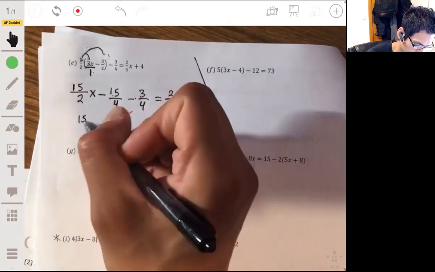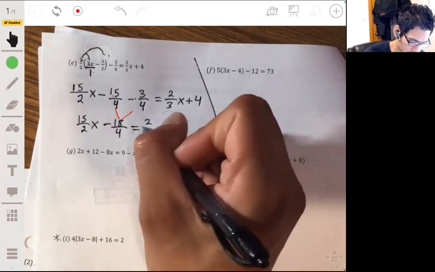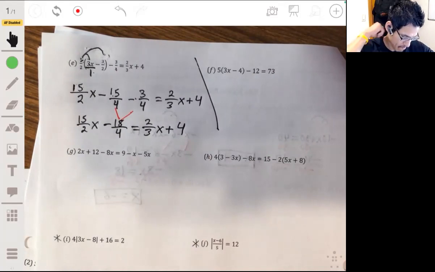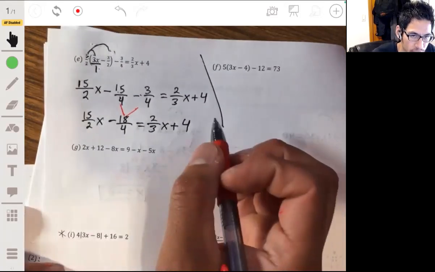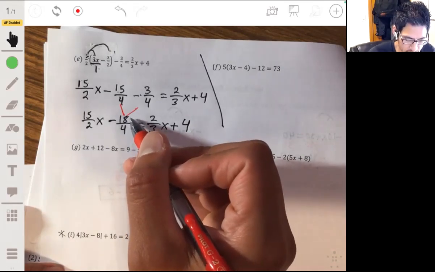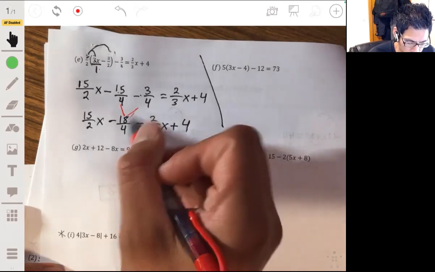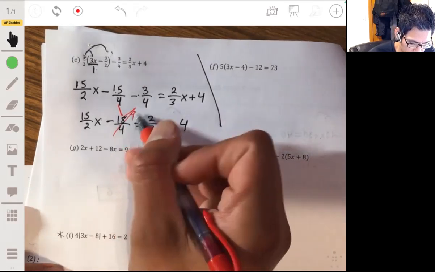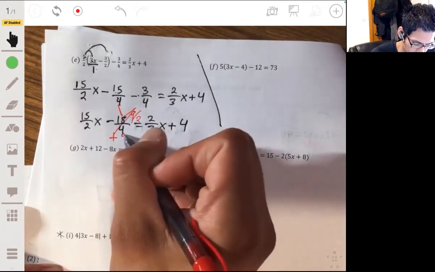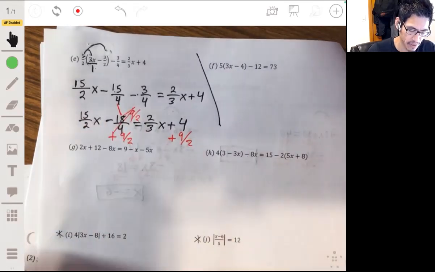So 15 halves x minus 18/4 equals 2/3 x plus 4. 18/4 is the same as 9 halves. So let's add this to both sides, add 9 halves to both sides, or 18/4.